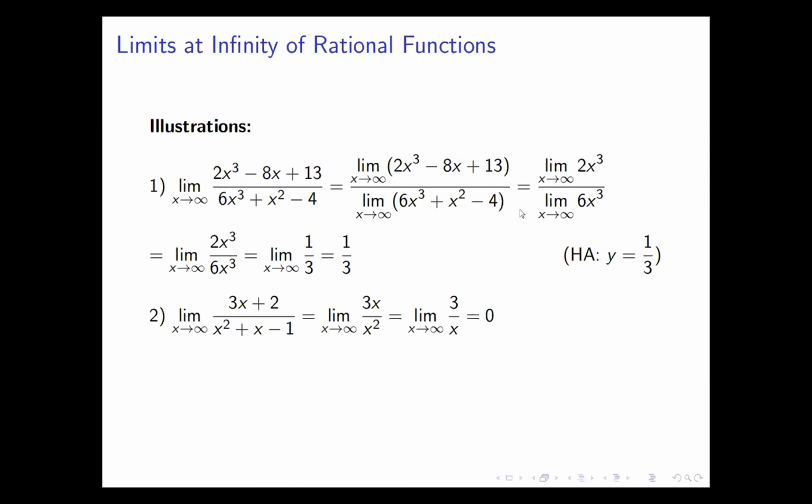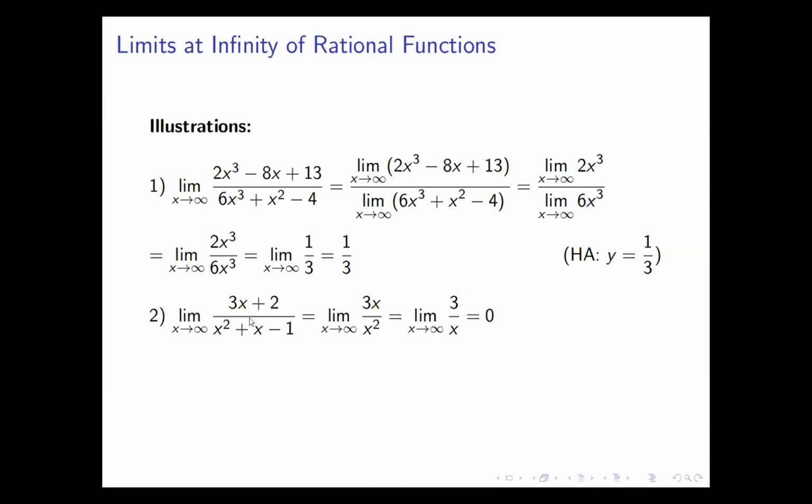In other words, whenever the degree, pansinin nyo, dito kasi sa unang example, magkapantay sila ng degree. So that when you divide, if you retain the first terms, the variable will cancel out. No variable will be left, just a constant. And so you can get the horizontal asymptote by simply dividing the leading coefficients 2 and 6.